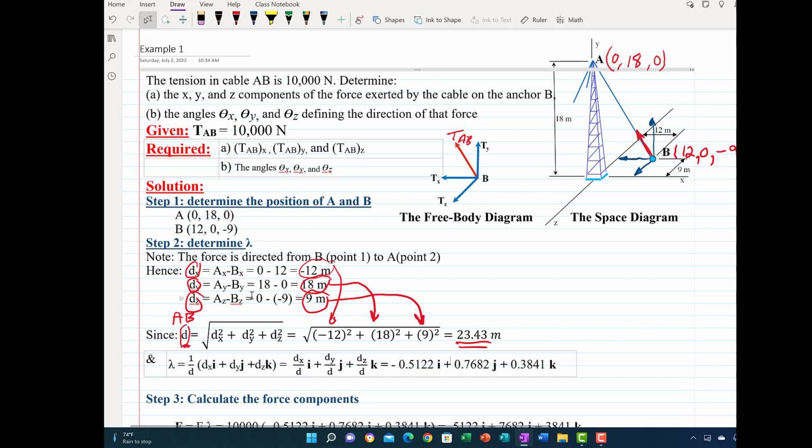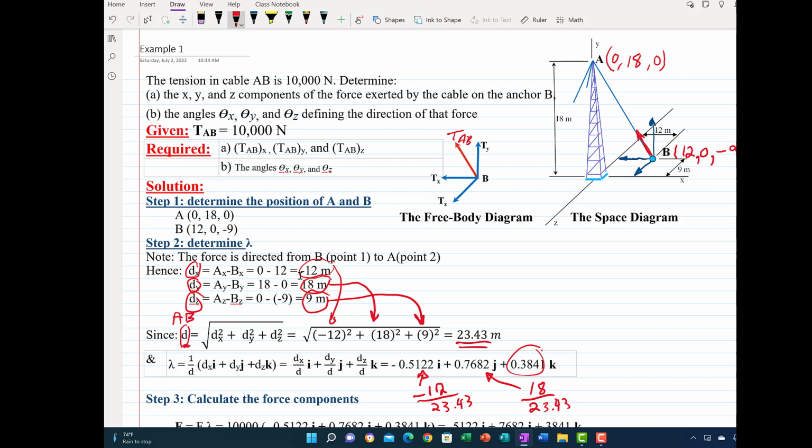So let's go back again here. dx is minus 12, so minus 12 over 23.43 gives minus 0.5. The next one is 18 over 23.43.